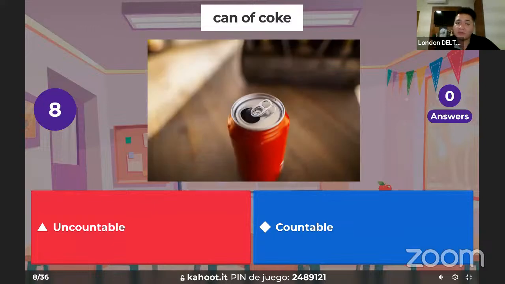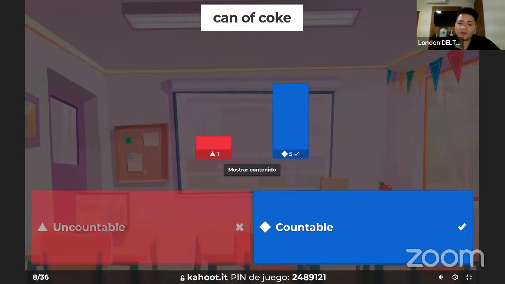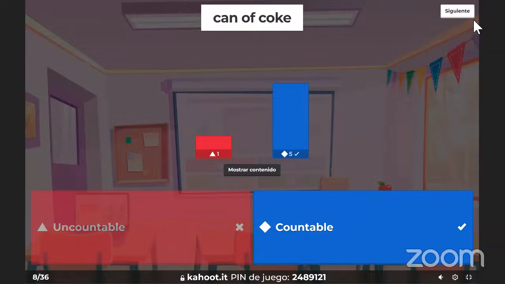Can, eso es una unidad de medida, es lata. Lata de Coca-Cola, ¿se pueden contar? Excelente, sí se pueden contar. Flor, ¿tú qué piensas de la palabra Coke, la Coca-Cola? La palabra Coca-Cola, ¿se puede contar? No, because it is liquid.